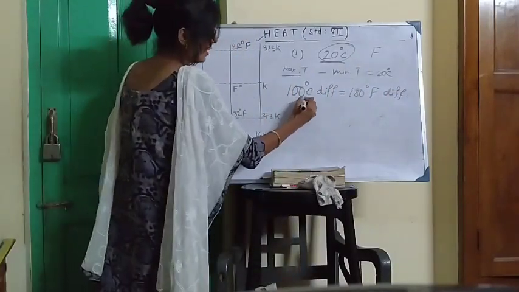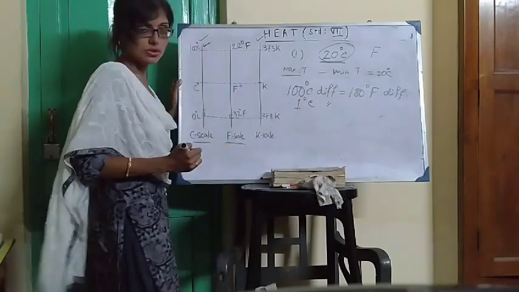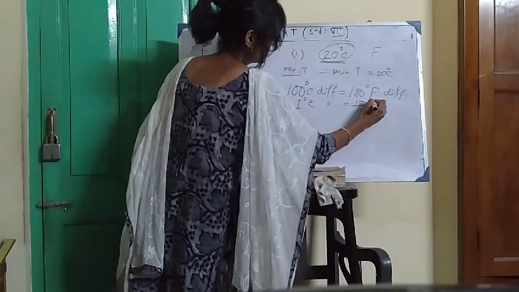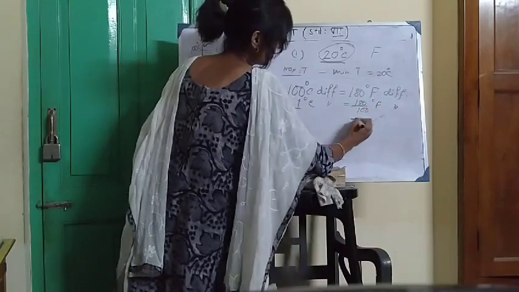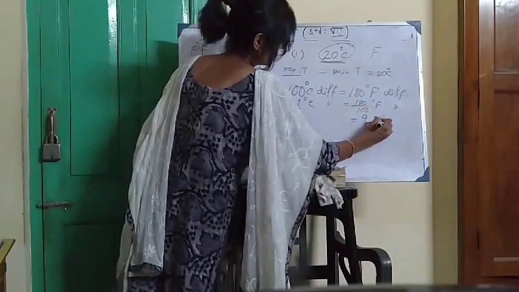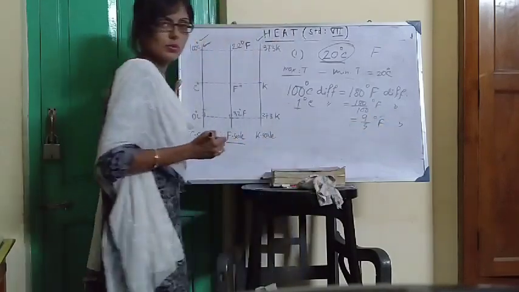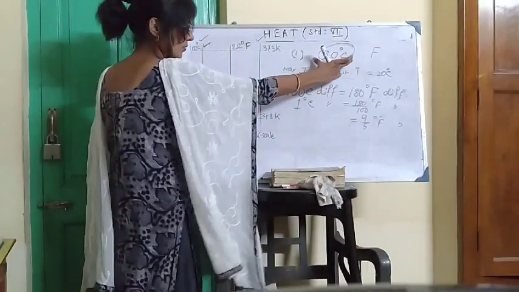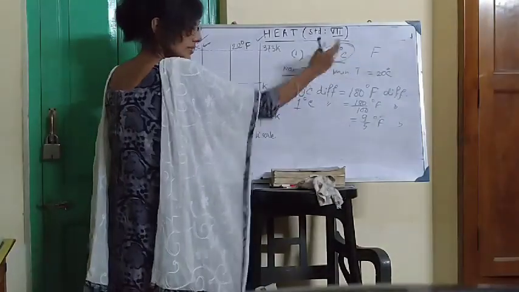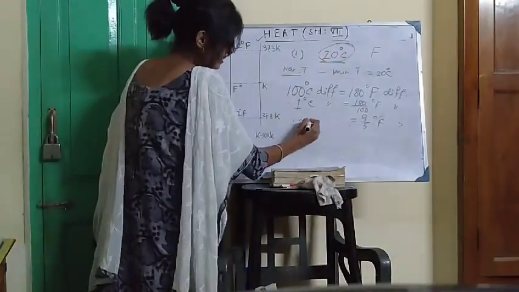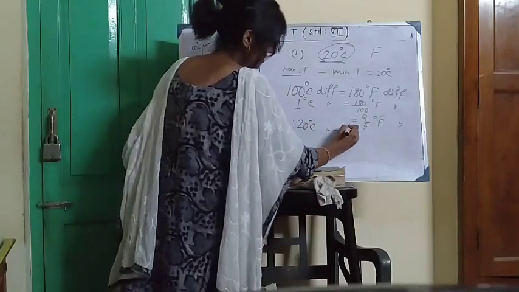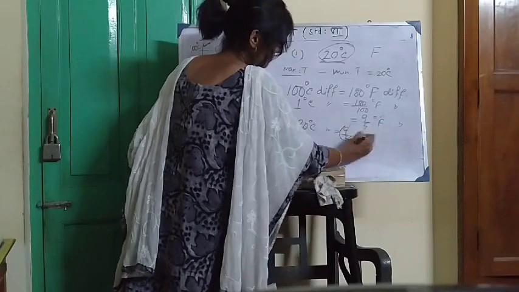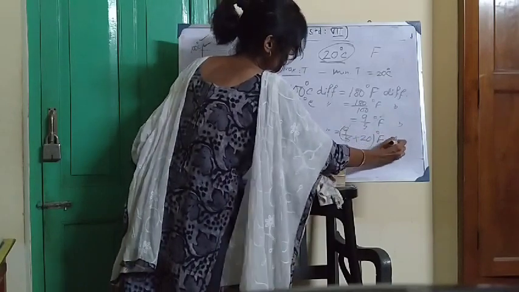Therefore 1 degree Celsius difference, that is the unitary method, is equal to 180 by 100 degree Fahrenheit difference, that means 9 by 5 degree Fahrenheit difference. The question gives 20 degree Celsius difference, the difference of two temperatures. So 20 degree Celsius difference is equal to 9 by 5 into 20 degree Fahrenheit difference.